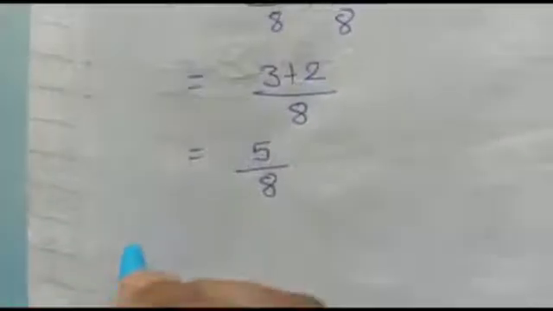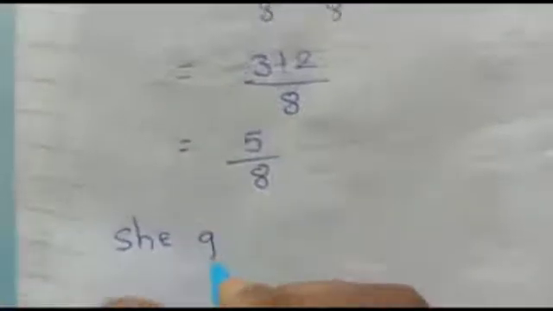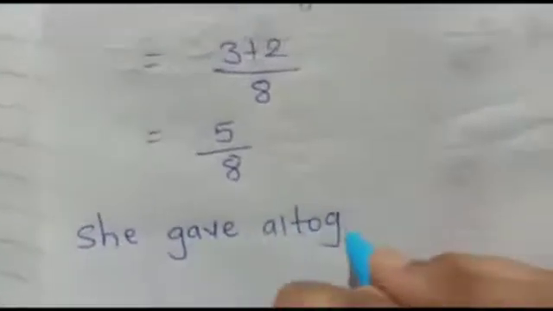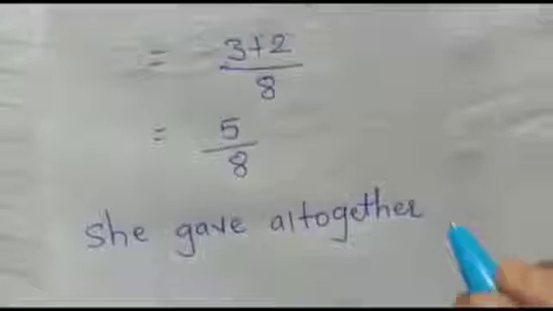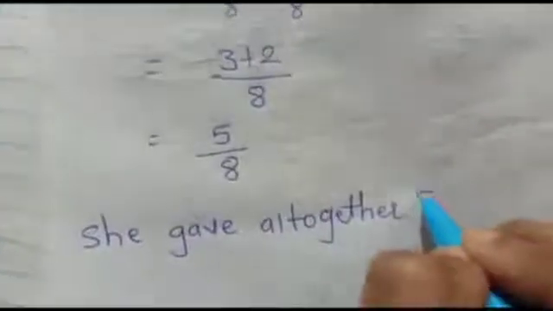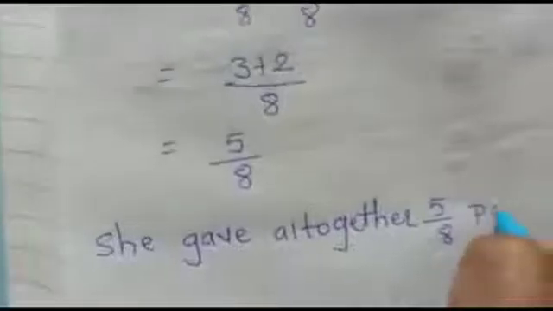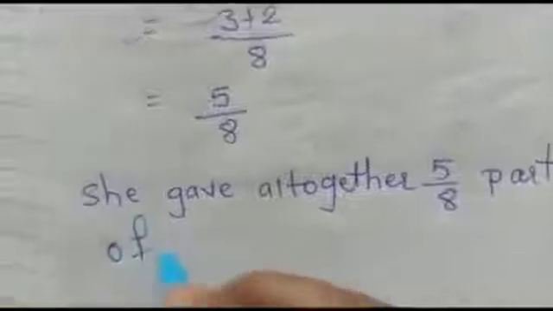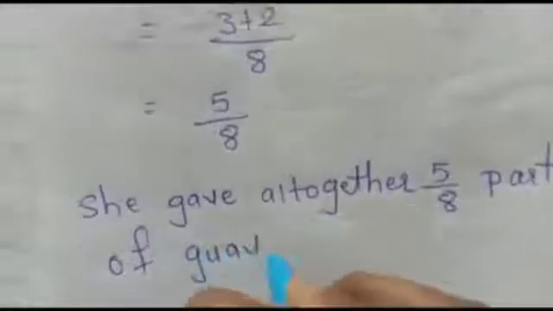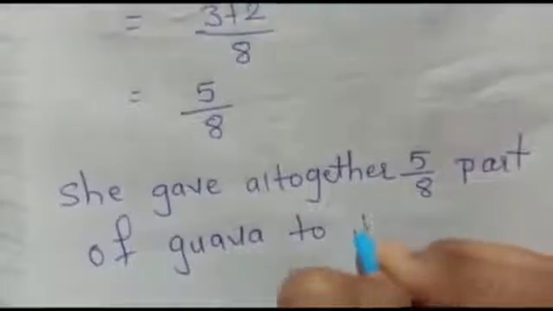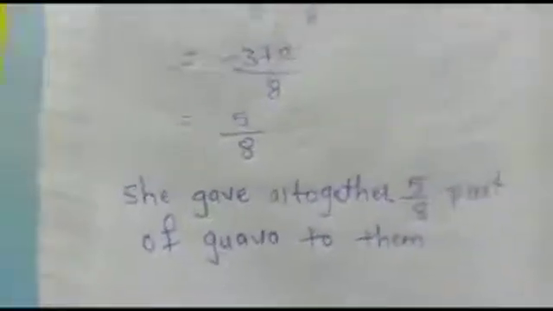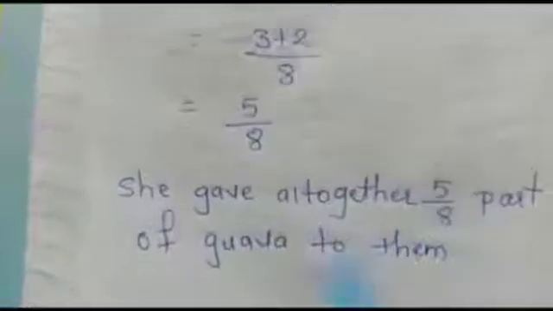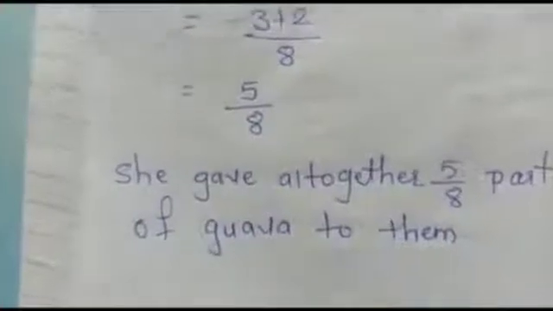So mother gave all together 5 upon 8 part of gawa to them. Okay. So it's a word problem, so you have to write the last statement, that is she gave all together 5 upon 8 part of gawa to them.